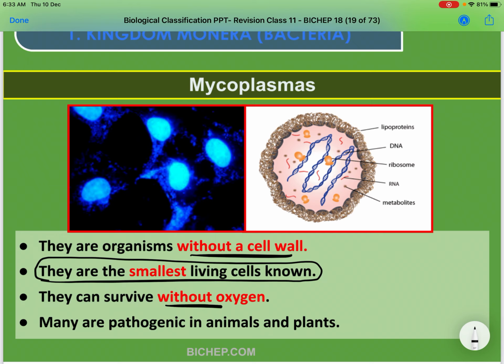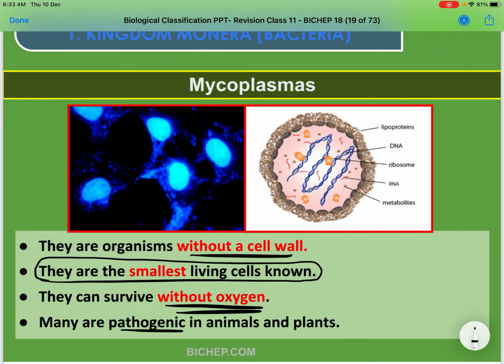They can survive even without oxygen, right? So they don't need oxygen, anaerobic it is said to be. They survive under conditions where they don't have oxygen around them, and many of them are pathogenic in humans or plants. They are disease causing microbes.